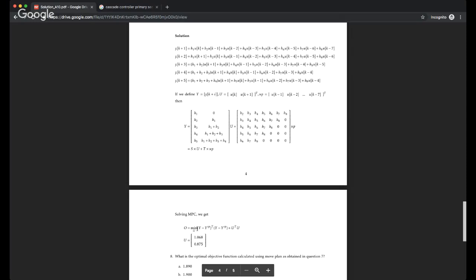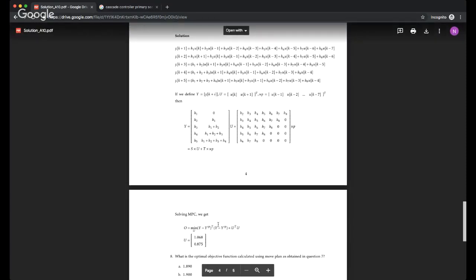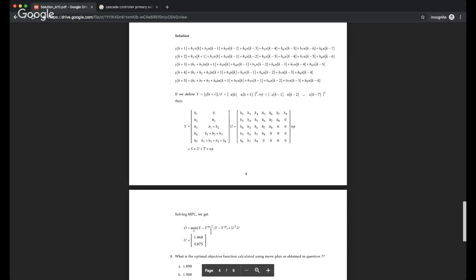Or if you know the unconstrained optimal solution for this, it will be like an A transpose A x equal to b kind of situation, where your A will be s plus identity of u, which is equal to t minus t times up plus ysp, whole square. So based on that, you will solve Ax equal to b and then get the solution.